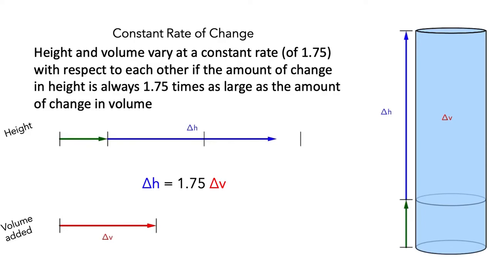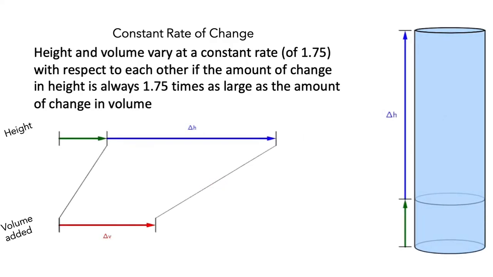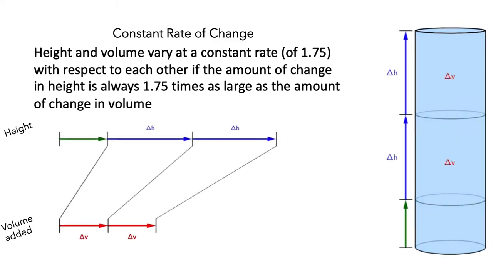We can also think about how this would work if, instead of treating the added volume of water as a single large part, we split our volume into two equal-sized parts. To make things a little easier to see, let's rotate the height bar.